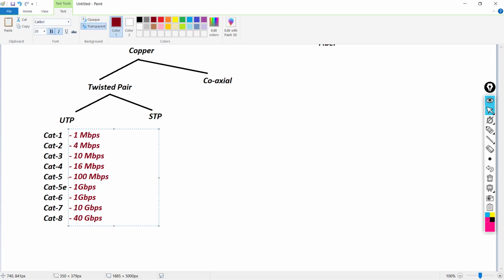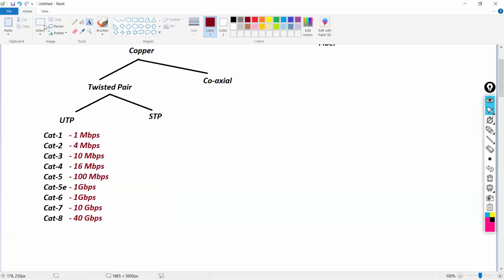Like this, we have the Ethernet cable. And same sort of categories you will find in your STP also.